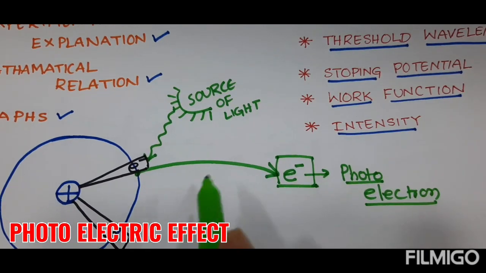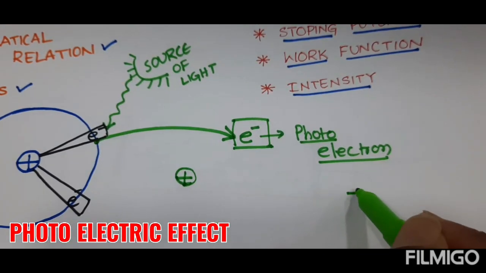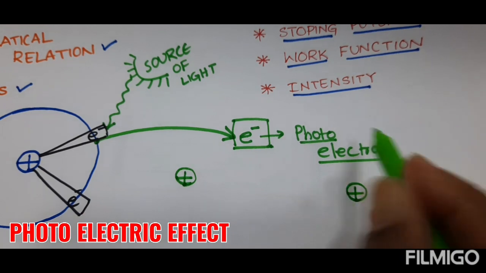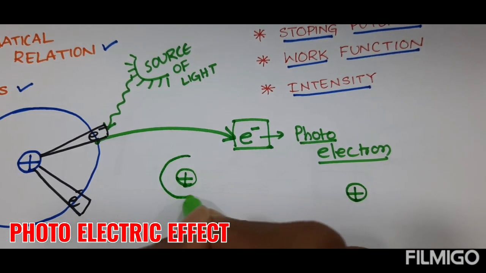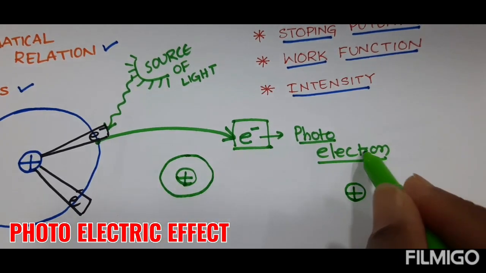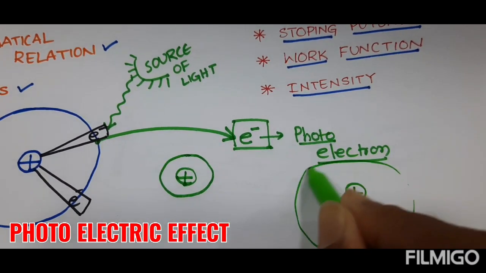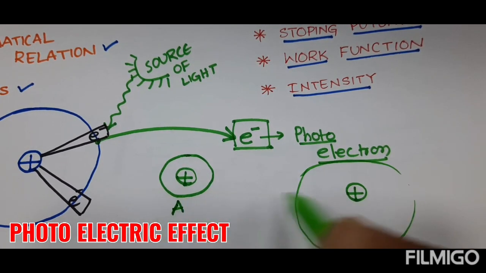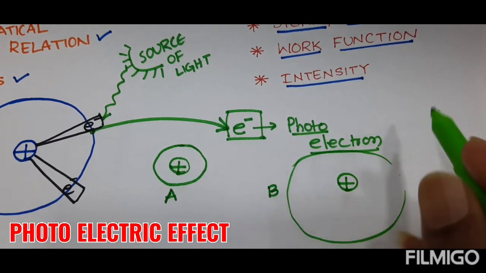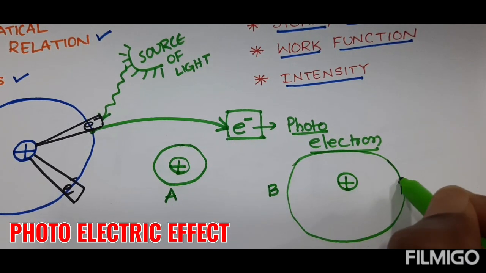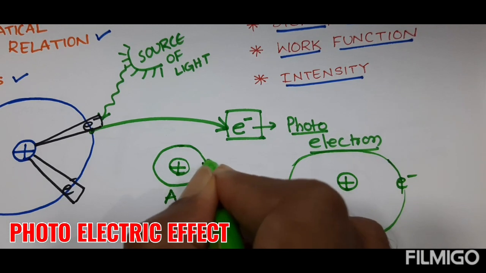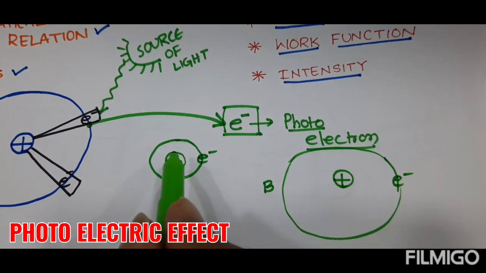Here a doubt arises. This is one atom having the nucleus. This is another atom having the nucleus. Suppose this is the small atom and this is the larger atom. Suppose this is condition A, this is condition B. Suppose here one electron in the outermost orbit, here one electron.